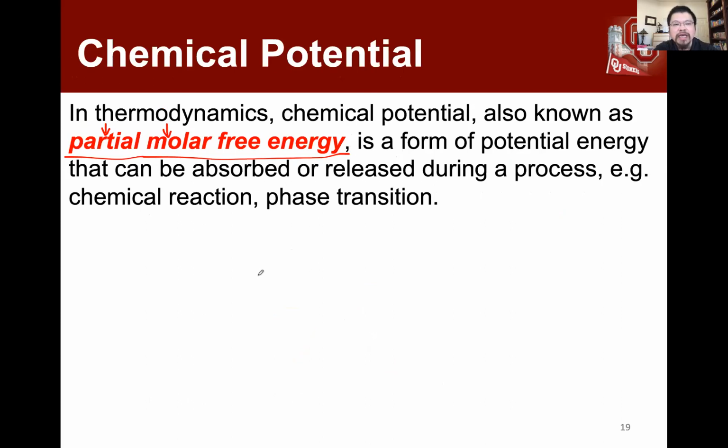You try to divide that by the number of moles for that specific species, then you have this molar free energy. It is a form of potential energy that can be absorbed or released during a process, whether it's a phase transition or chemical reaction. When we think a little bit more, just a little bit more of the potential energy, what is the potential energy?